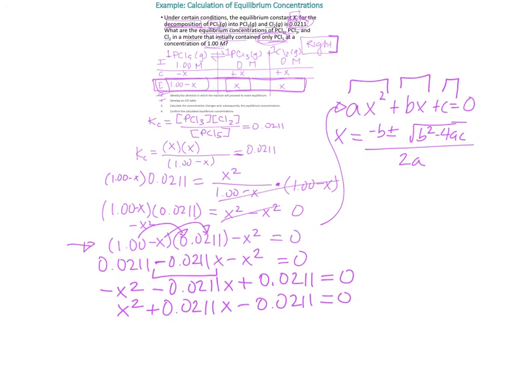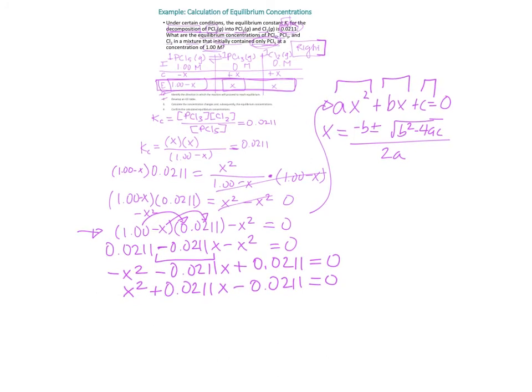So if you don't remember, the purpose of the quadratic formula is to find roots of x. You're going to have two x values, and the quadratic formula helps you solve for both of those. So that's what we're going to solve for here. This formula is helping us solve for x. And remember, we need x to find those equilibrium concentrations.